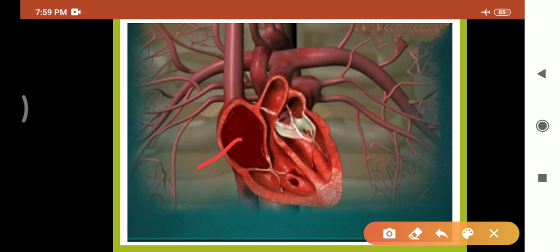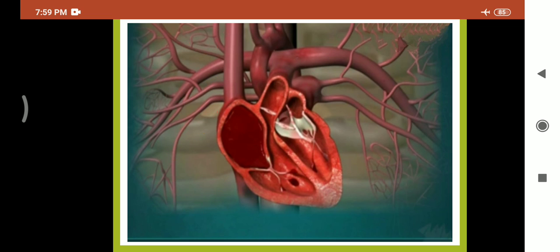This one here. You can see that blood is filled in this picture. So what happens over here? This one is the superior vena cava. What is the function of this superior vena cava?